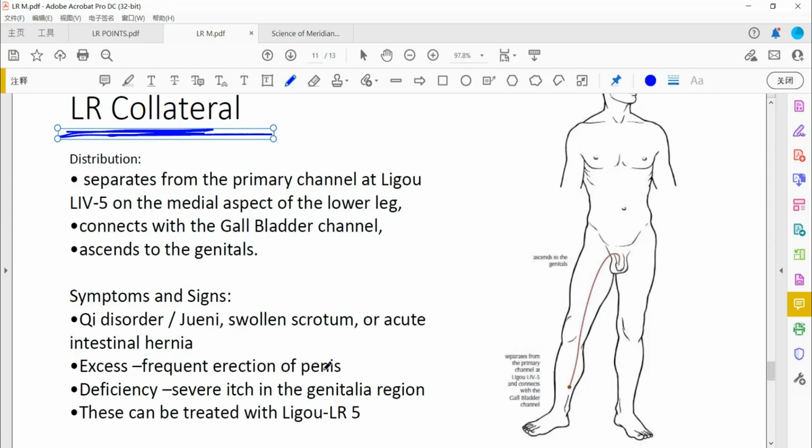If there are too many excess pathogens in this region, there will be frequent erection of the penis. Deficiency brings severe itch in the genitalia region. This can be treated with liver 5. Liver 5 is a good point for this region.